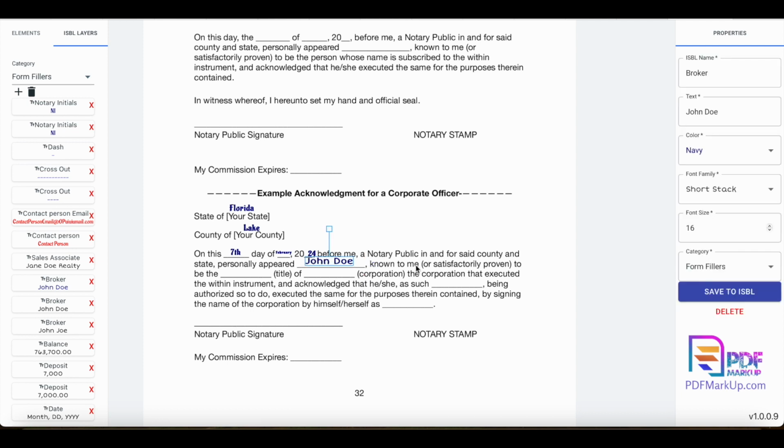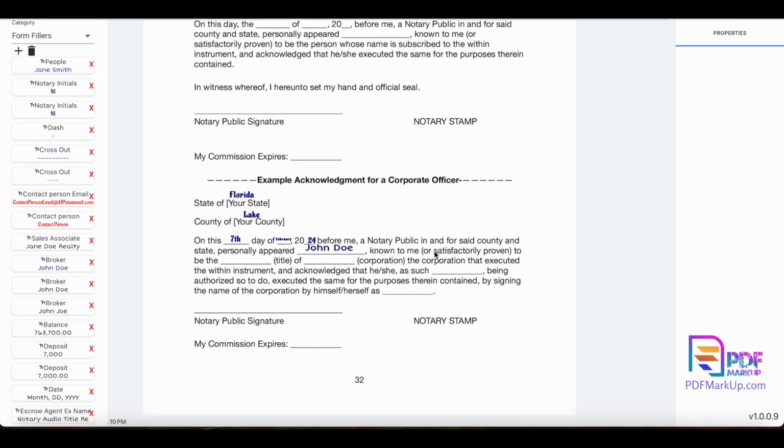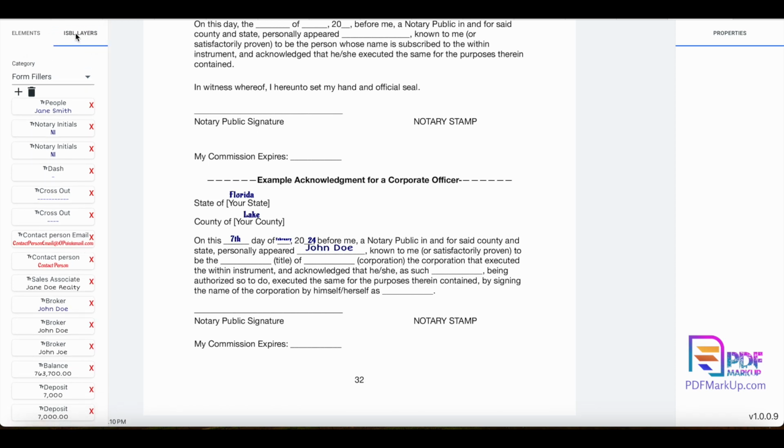Known to me or satisfactorily proven to be the blank, which is the title, of blank corporation, the corporation that executed the within instrument, and acknowledged that he/she as such blank, being authorized so to do, executed the same for the purpose therein contained, by signing the name of the corporation by himself as, okay, to be the blank title. So John Doe in this case, we're going to just say he's the president.